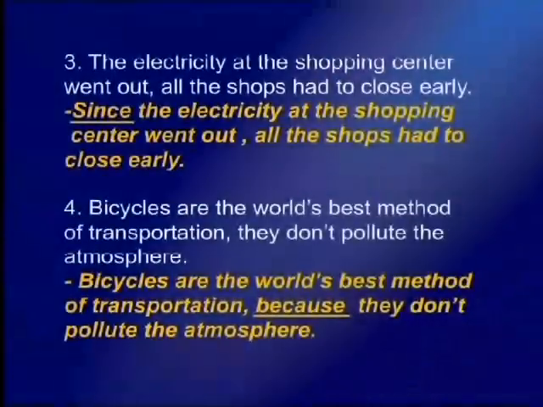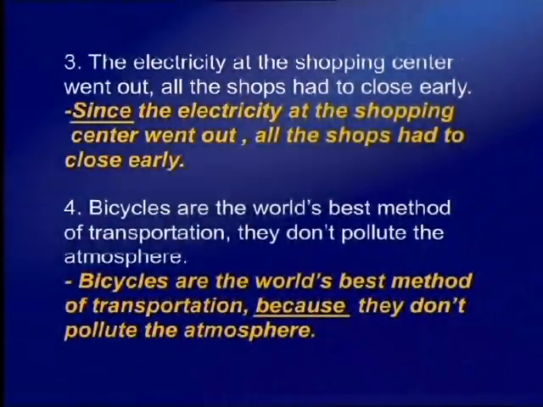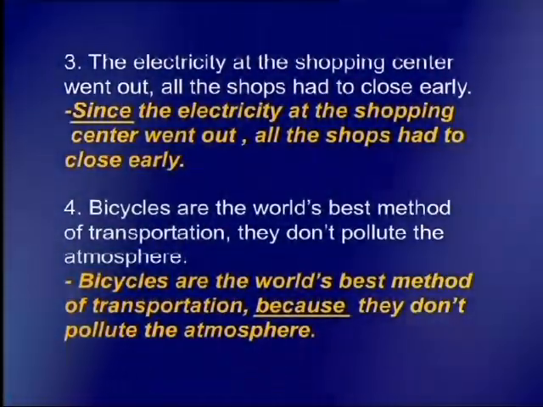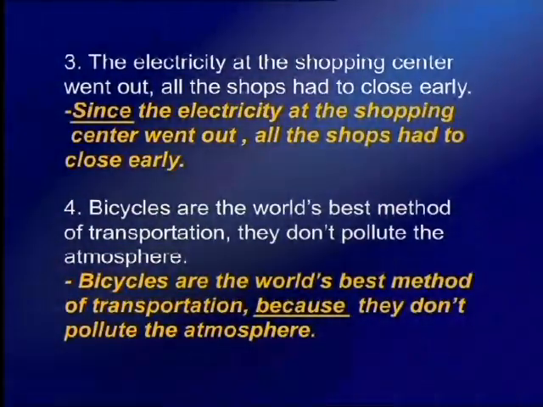Right? Let us look at sentence number 3. The electricity at the shopping center went out. All the shops had to close early. Now, how would you correct this sentence?